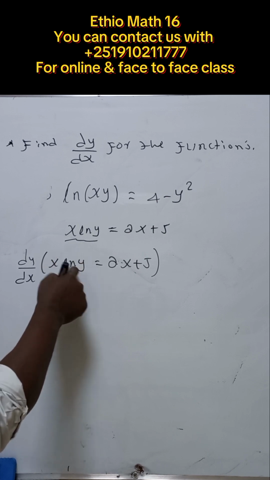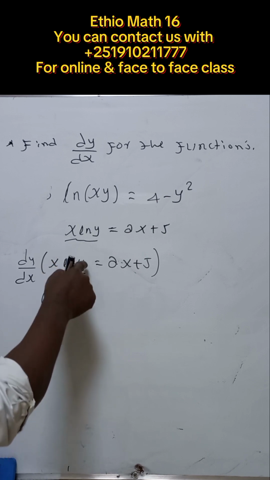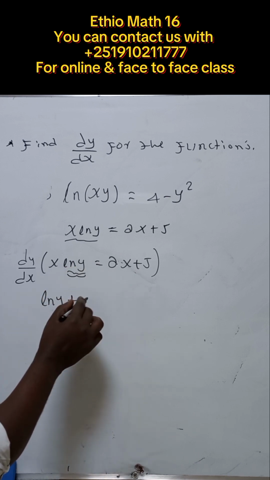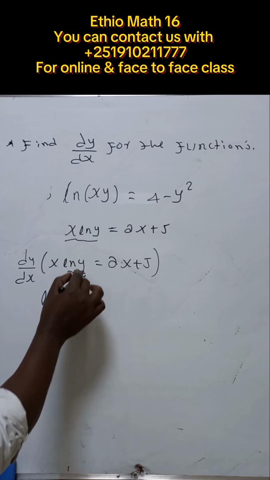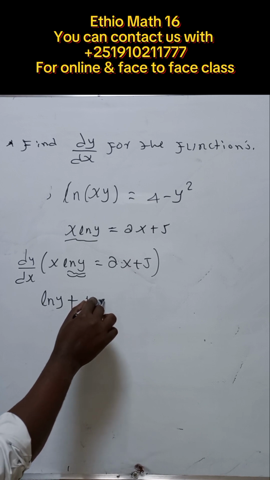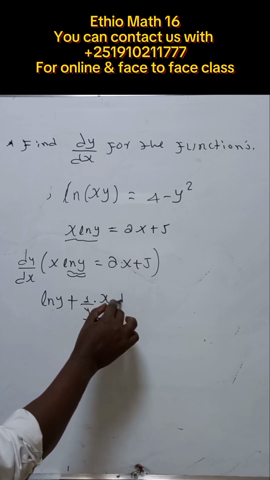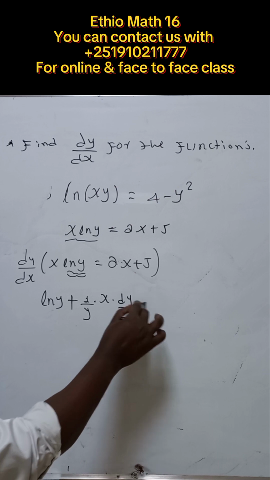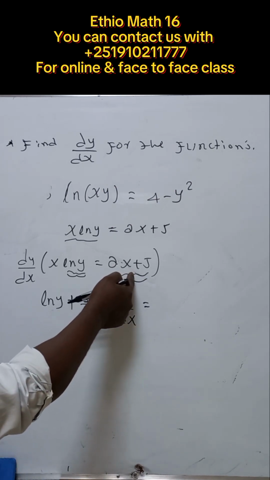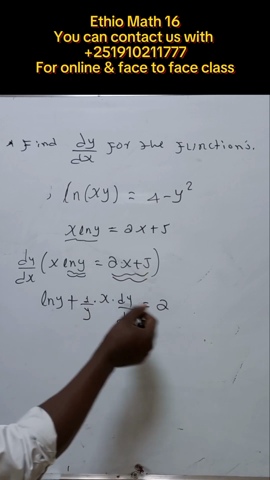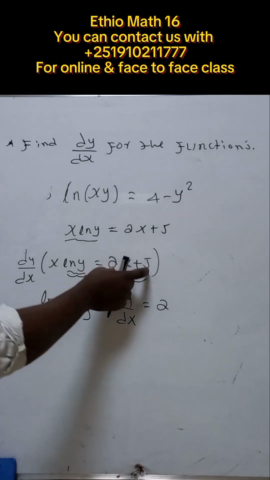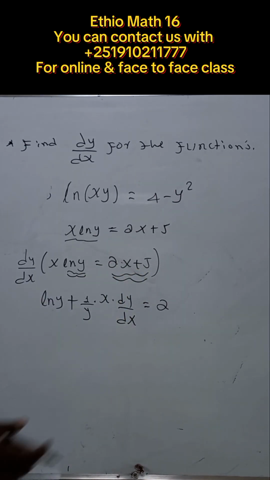As you know, the derivative of ln of y will be 1 over y times x times dy by dx, which is given by, and what is finally the derivative of this one? The derivative of this with respect to x will be only 2, because for 2x the derivative is 2 and 5 is constant, so the derivative of this function with respect to x will be 2.